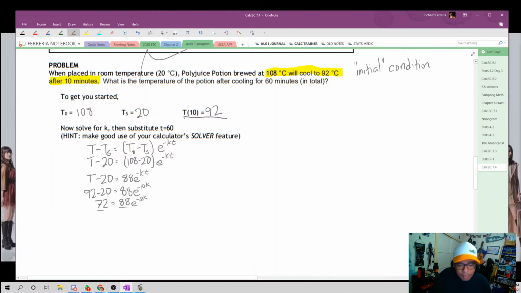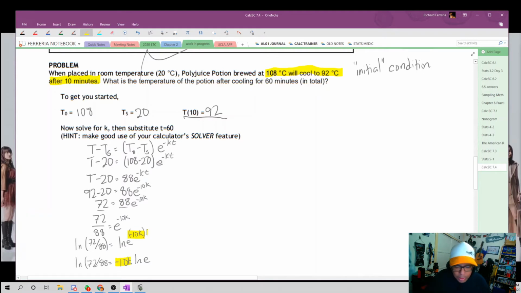We'll divide both sides by 88. I'm not really going to bother with simplifying that 72 over 88. It doesn't really matter. We'll have a calculator to take care of that for us. Take a natural log of both sides, remembering that the properties of logarithms are such that if I have this power here, I can just move that to the front of the log.